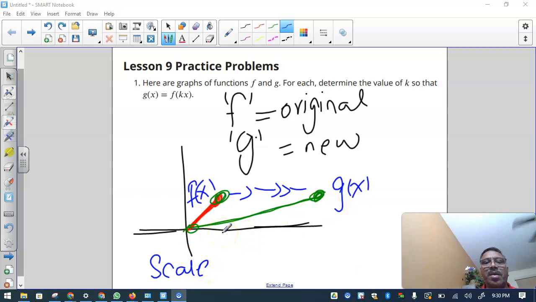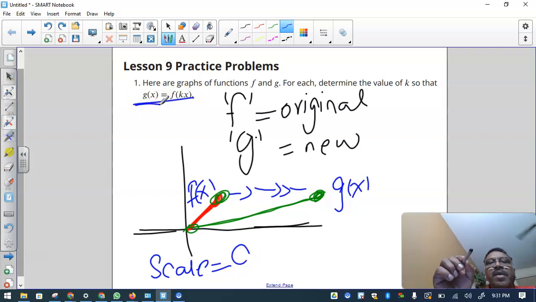So we need to know what the scale factor is, and I call this C. And what is given right here is g of x equals f of kx. So in this case, the scale factor C is 1 over k.